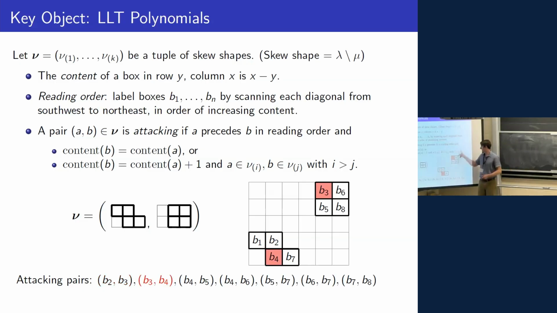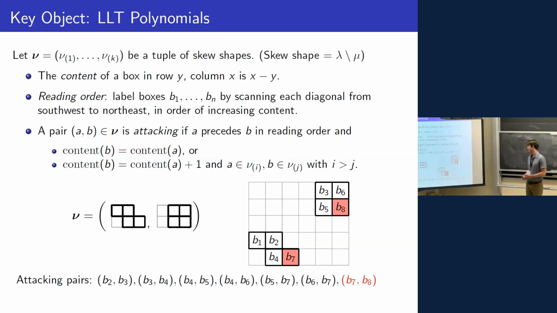But as I'm reading B3, I come back around and hit B4 before I've returned to the shape of B3, so this also forms an attacking pair. Then B4, B5 and B4, B6 are attacking because they're on the same content diagonals. Then B5 and B7, because this is one more over and I haven't returned. Same with B6 and B7, and then finally B7 and B8 are attacking.